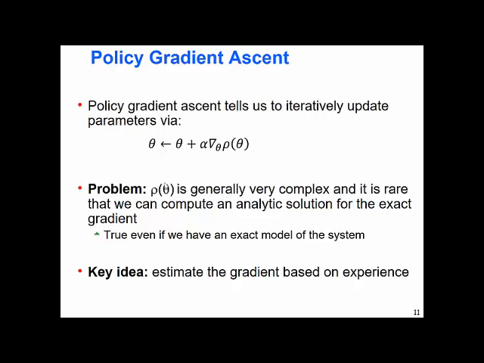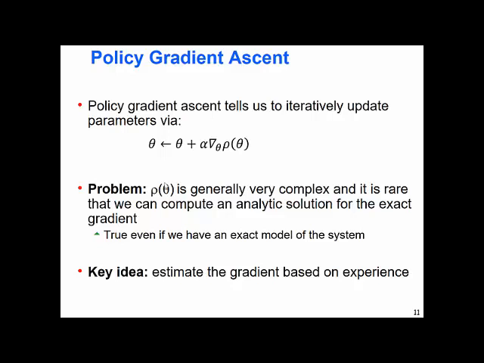And there's no closed form for that function, and there's no closed form for the exact gradient that you can get easily. So we're not going to be able to analytically compute the gradient. That's a problem. If you want to try yourself, you can, but you're not going to be able to do it.